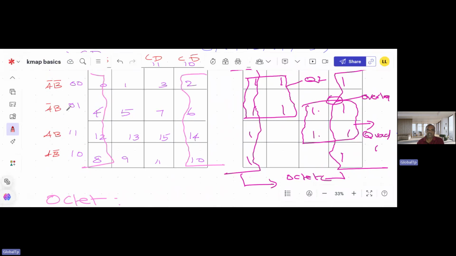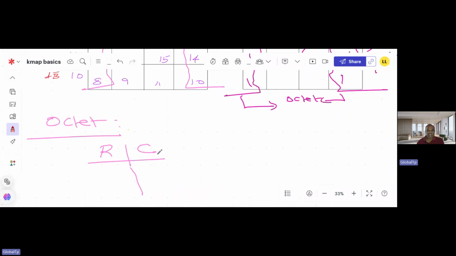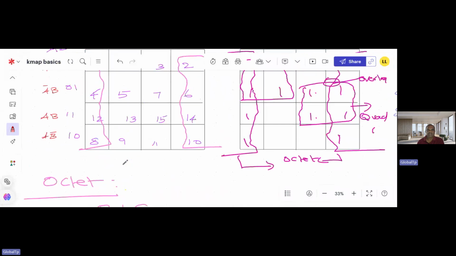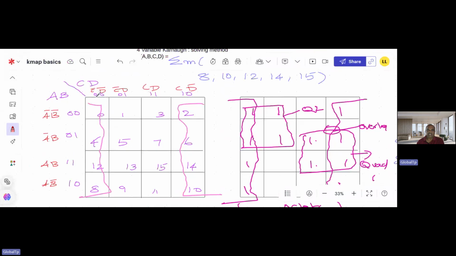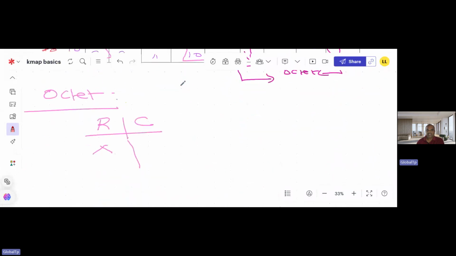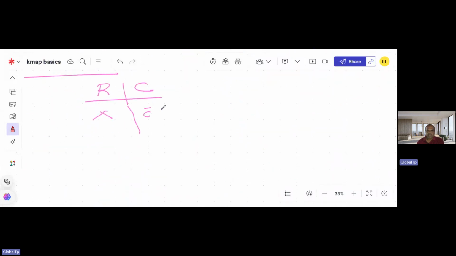All 4 rows are covered by the corresponding rows, so I should not write anything since everything will cancel each other. Next, I need to check the corresponding columns. What are the corresponding columns? C bar D bar and C D bar. These are covering, so I need to write here C bar D bar and C D bar.